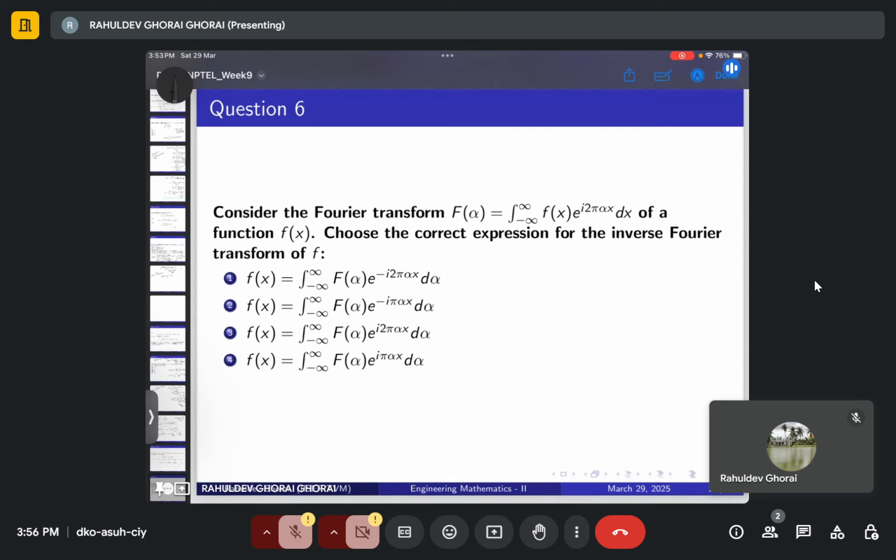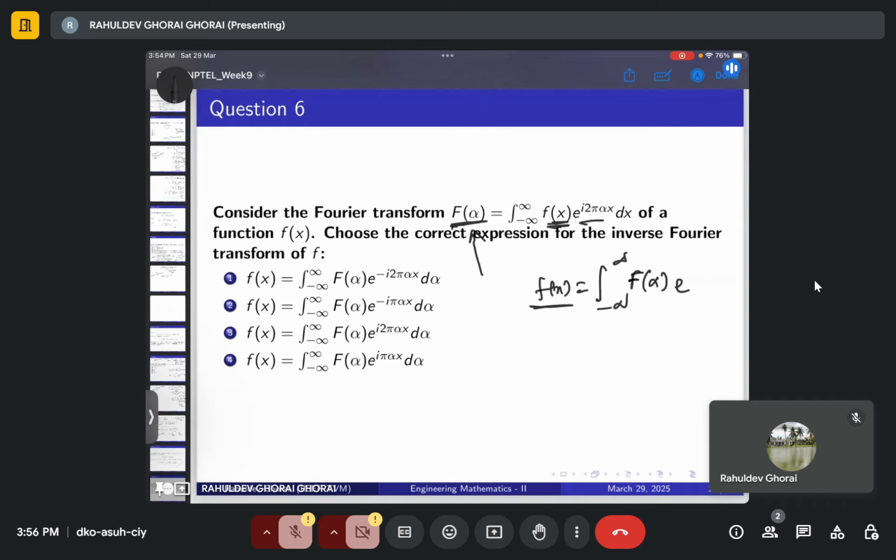I mean, this is nothing to do. When you have the Fourier transformation F(alpha), the inverse transformation is a theory: integral from minus infinity to infinity, where instead of f(x) I put F(alpha). Just remember it like that.